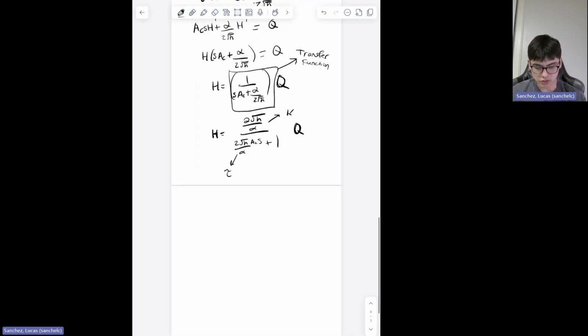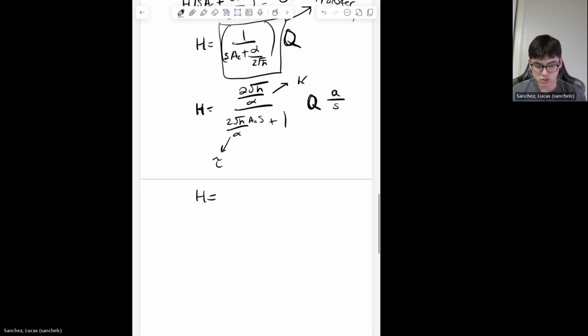And we're going to say q is equal to some value A over s. For simplicity, I'm going to put it as k over tau s plus 1, times A over s.